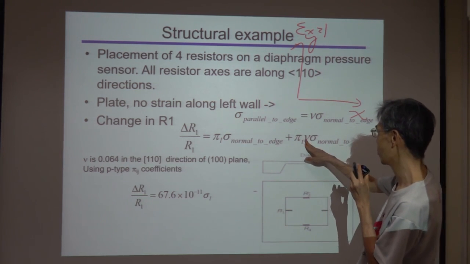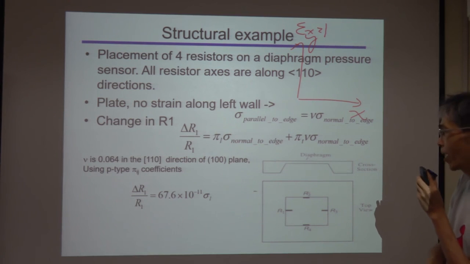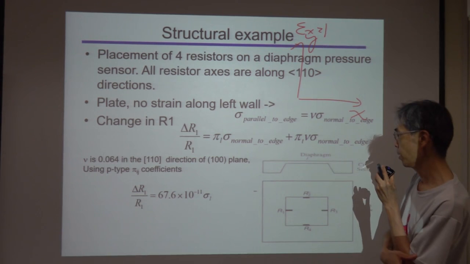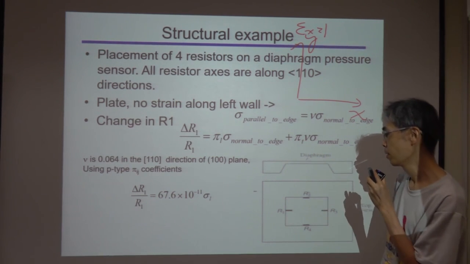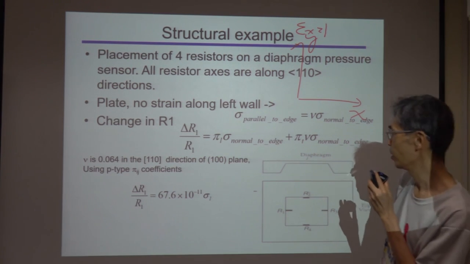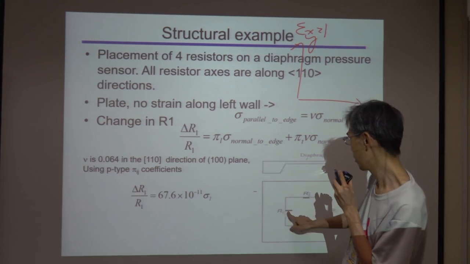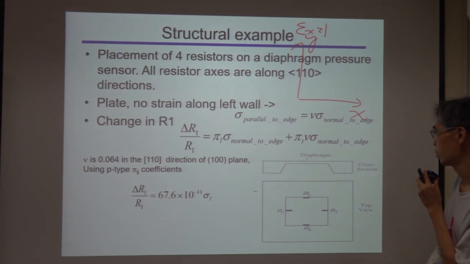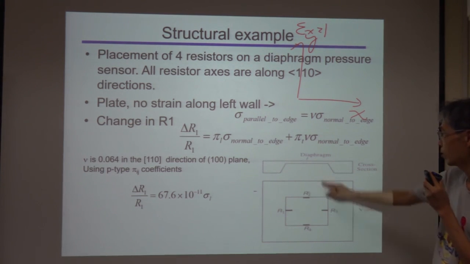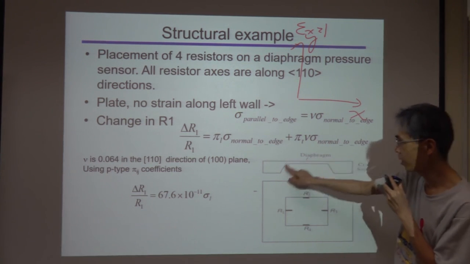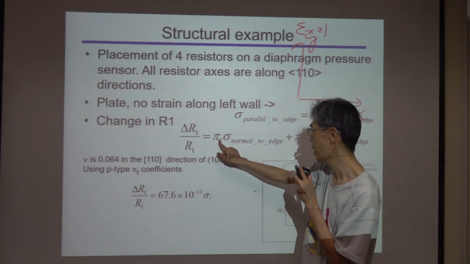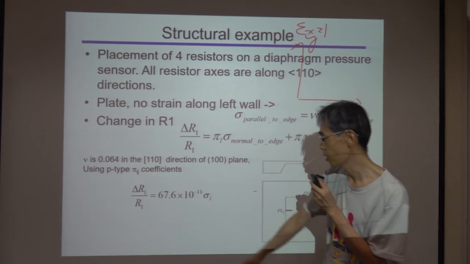You have the nu value. You have pi L, pi t, and you have nu. And this is sigma L, this is nu sigma L. So plug in pi L, pi t and nu, and you can get this value.